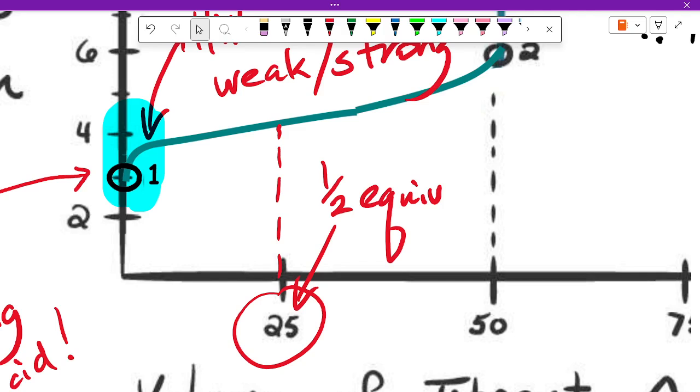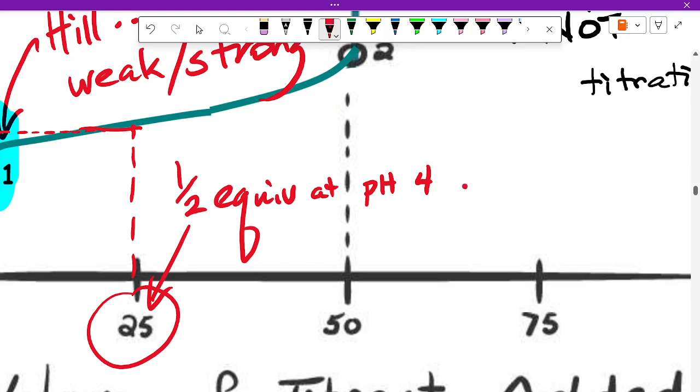Yeah, the pKa is the pH at the half equivalence point. So here, that looks like about 4. So the half equivalence point is at pH 4, and therefore the pKa is 4, and therefore the Ka is 1 times 10 to the negative 4.